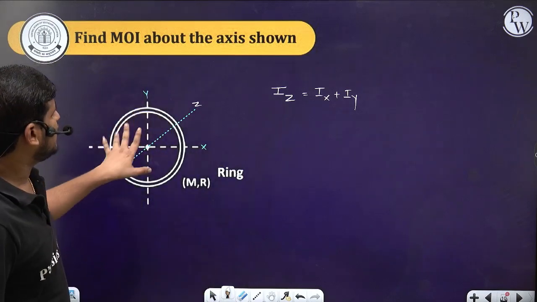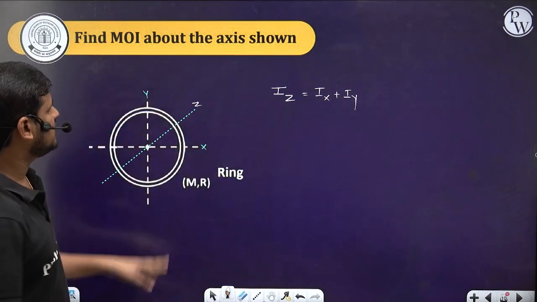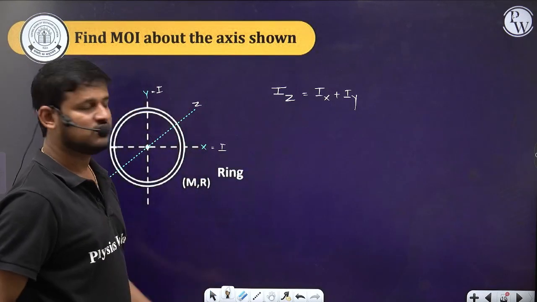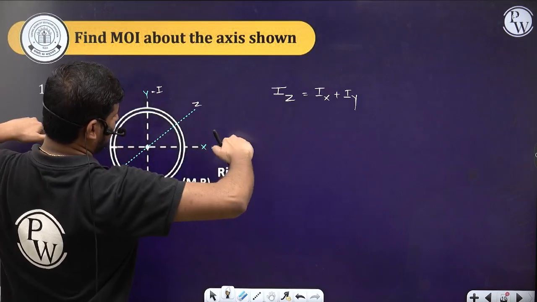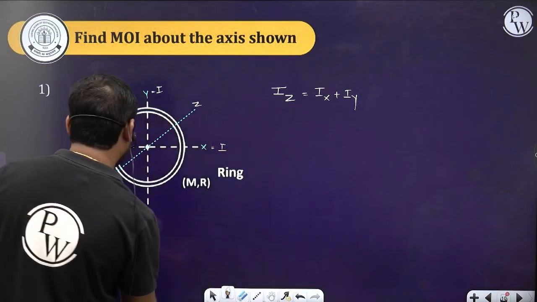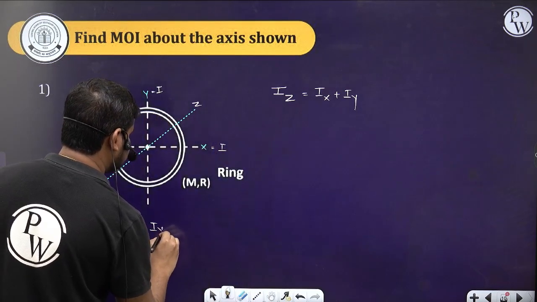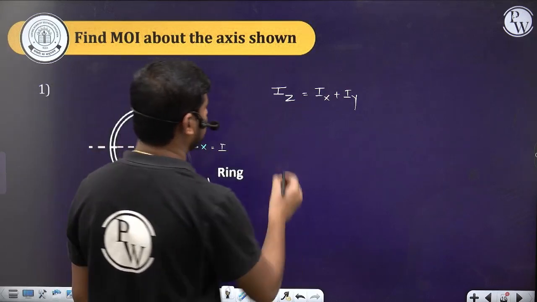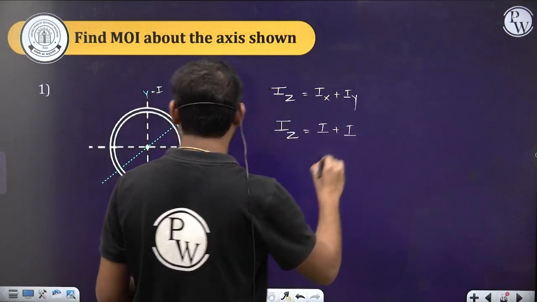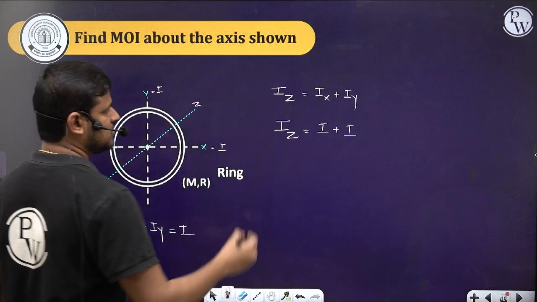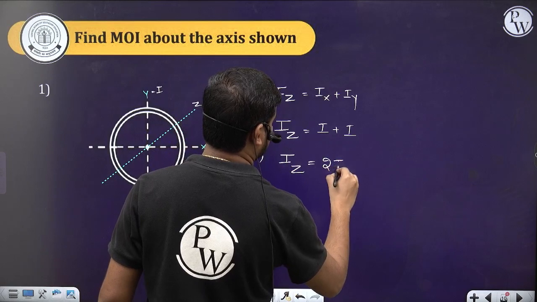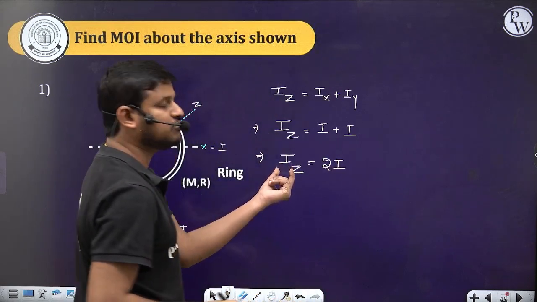As it follows symmetry, the moment of inertia about x is equal to I, and the moment of inertia about y is also equal to I, because of symmetry. So the moment of inertia about the z axis is I plus I, which is 2I. Now what is the moment of inertia about the z axis for the circular ring?